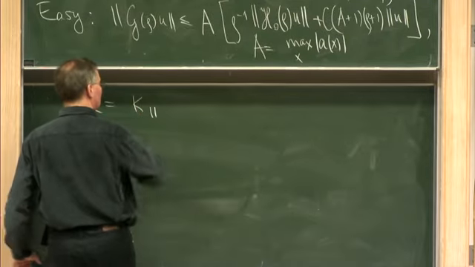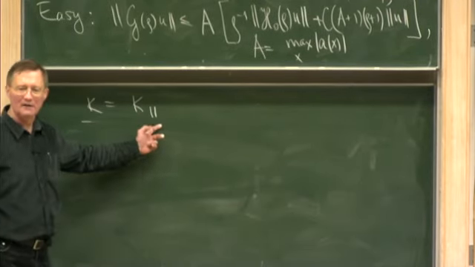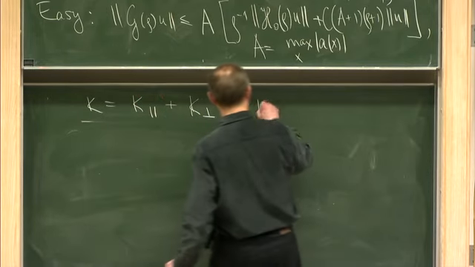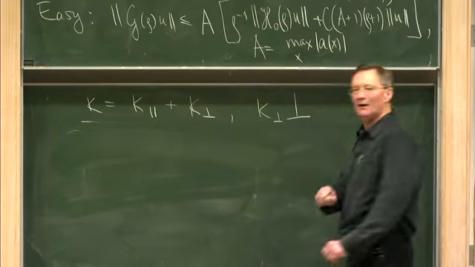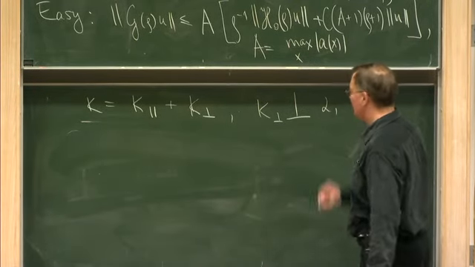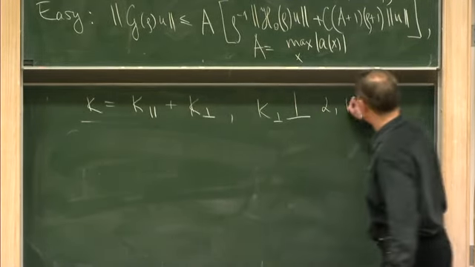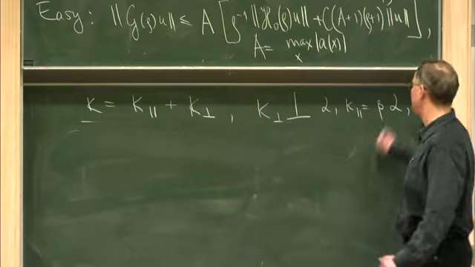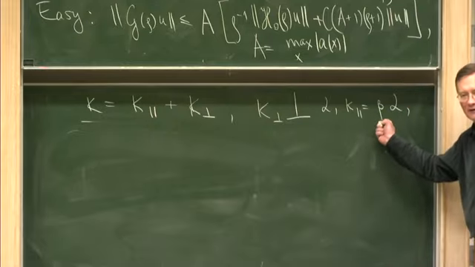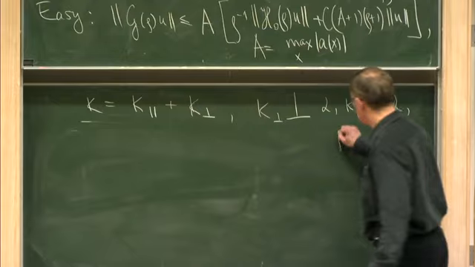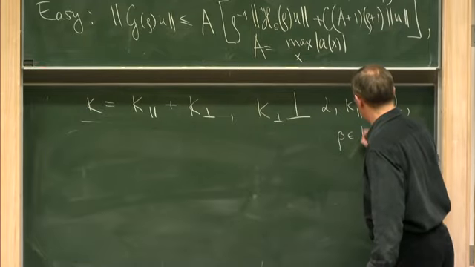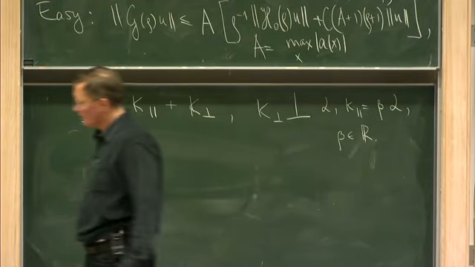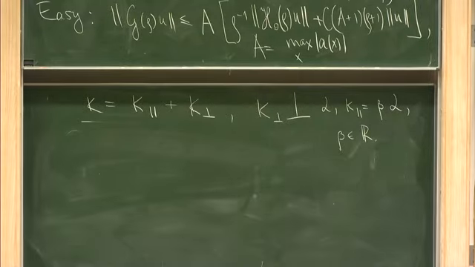So the orthogonal part will be orthogonal to alpha, and the one which is aligned will be just beta alpha. So beta is a number, alpha is the vector. Beta is the coordinate of this K parallel.